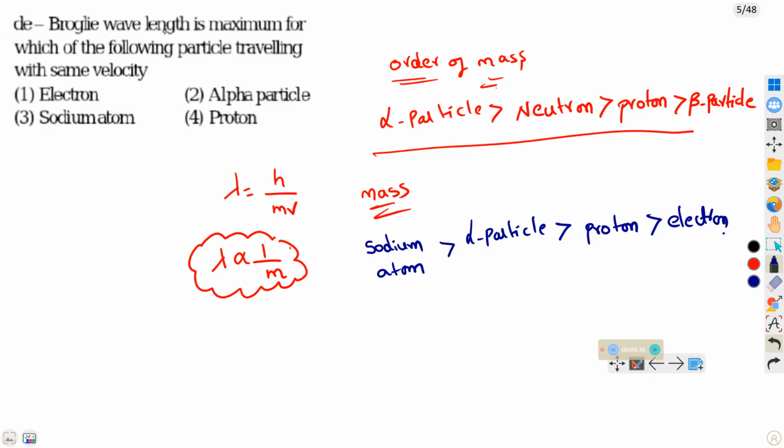Question related to wavelength maximum: mass decreases, then wavelength increases. So electron wavelength is maximum.